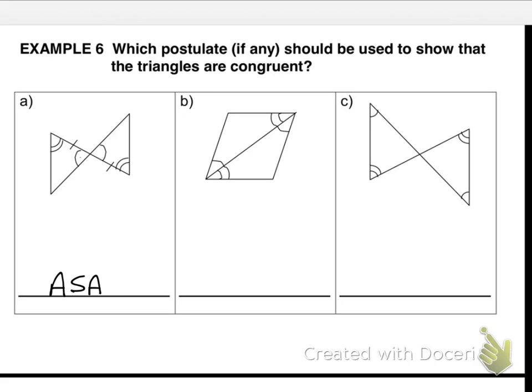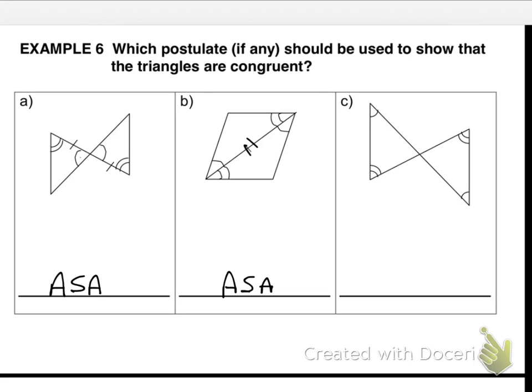Looking at what's congruent again, we know that this common side is going to be congruent because it's shared and it's the same for both triangles. So we've also got angle, side, angle in B.